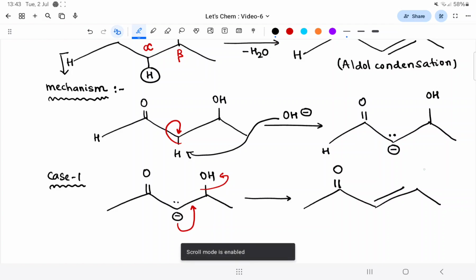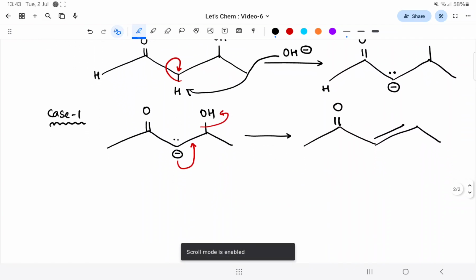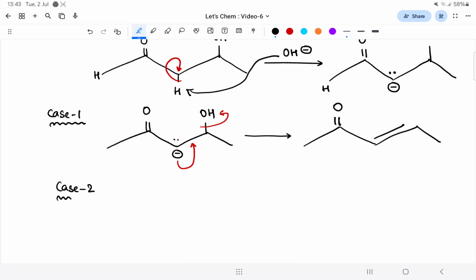Case 2. I hope everyone would have understood case 1. In case 2, I am going to draw the same thing here again: OH, double bond O, charge. Now, what is another way to do this?